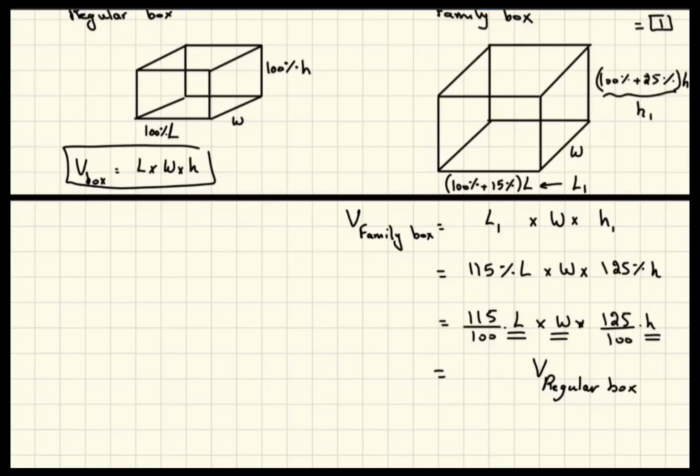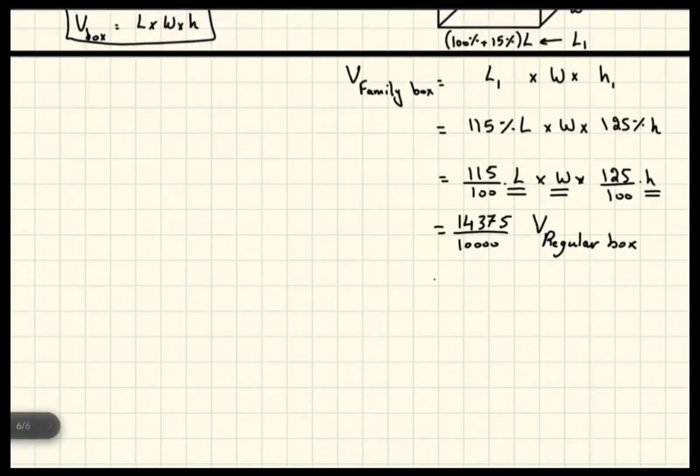And when you calculate 115 times 125, it will be 14375 over 100 times 100, which is 10,000. So basically, when you calculate this one and you finalize your answer, it will be 1.4375 of volume of the regular box.